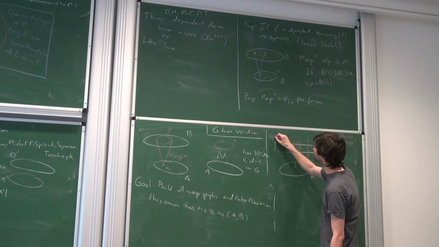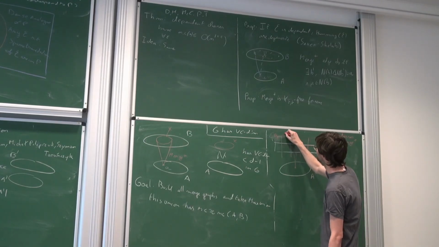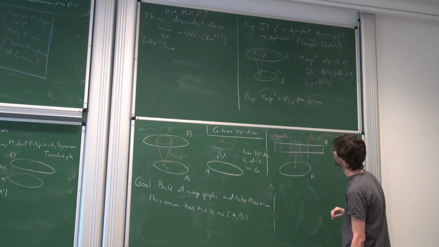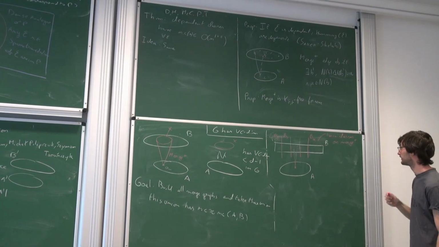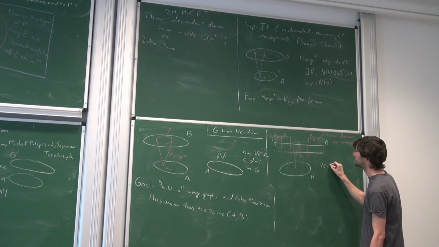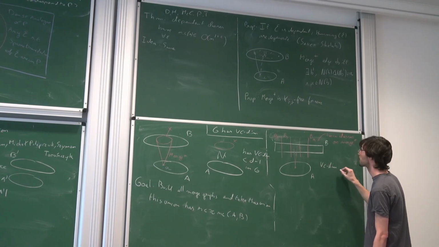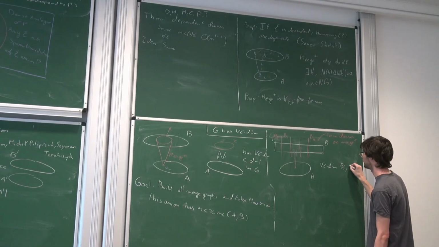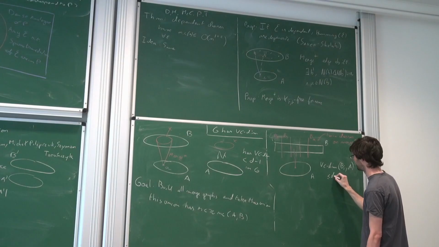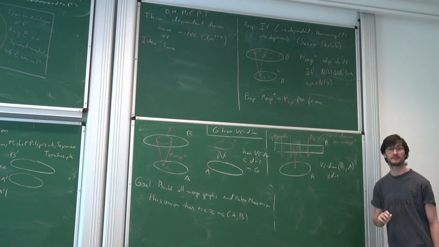This is 1, 2. So the VC dimension of BA over A is at most D minus 1.